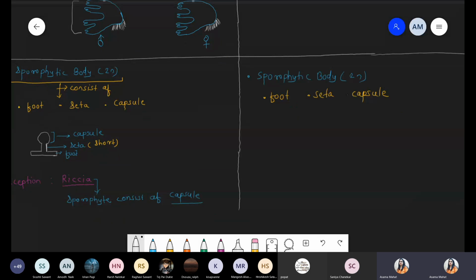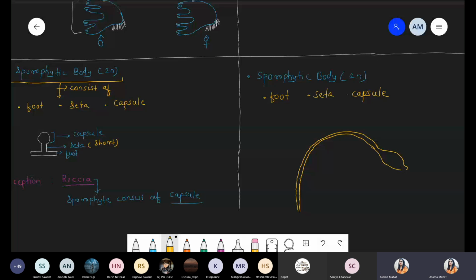So we draw that structure. Suppose the structure will be something like this. So we are giving the names one by one. Base, that is called the foot.